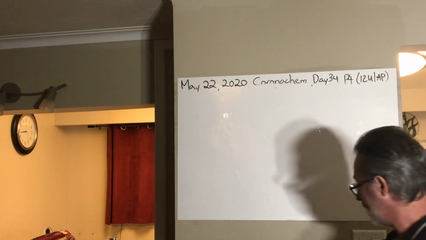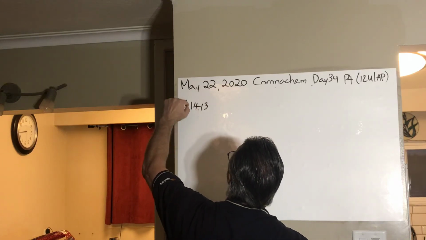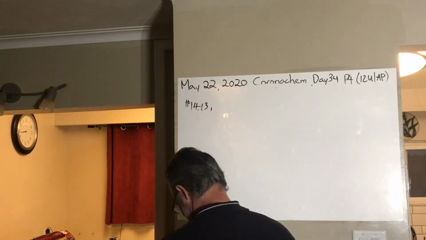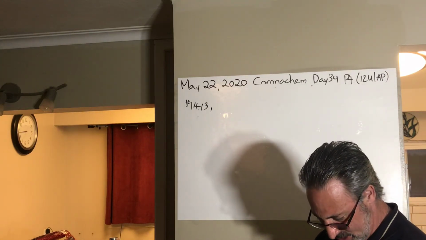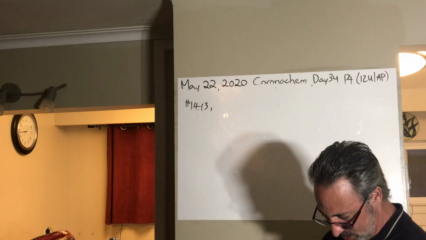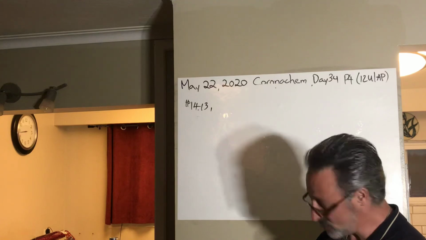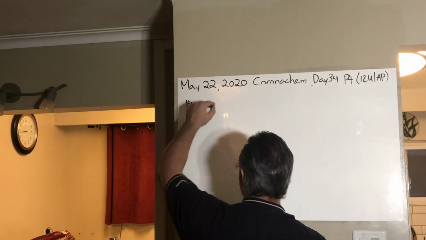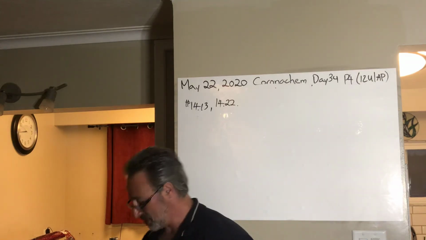Let's do 1413. And I have a sneaking suspicion I gave you that already. And one more. Let's try 1422. Just those two questions, and then tomorrow we'll review it, and maybe I'll give you a mock test tomorrow.